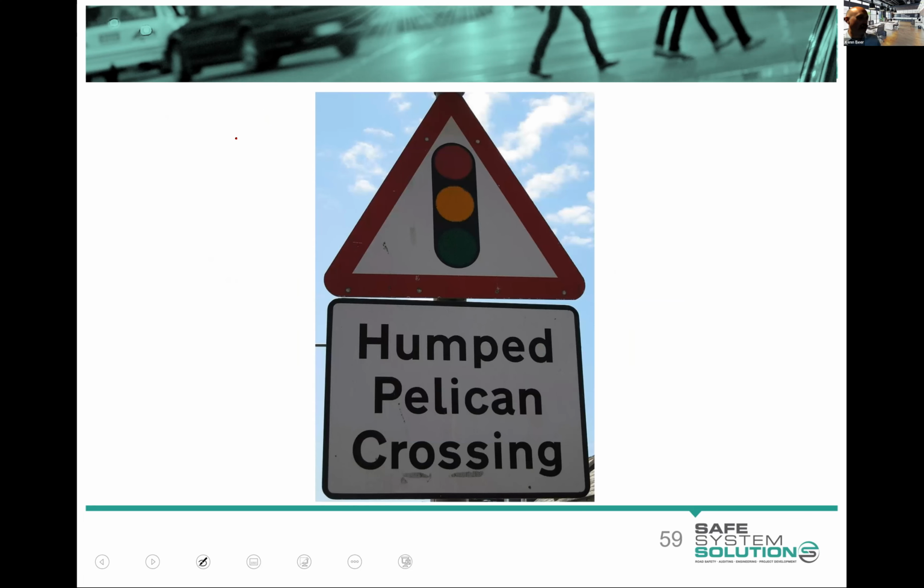This made some list of the top 10 world's funniest road signs. It makes perfect sense to me, but apparently a lot of people find it quite amusing or incoherent. So, humped pelican crossing out of the UK. And I'm sure it now makes perfect sense to you.